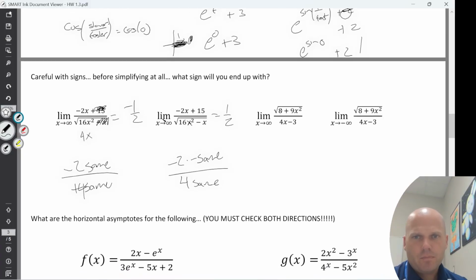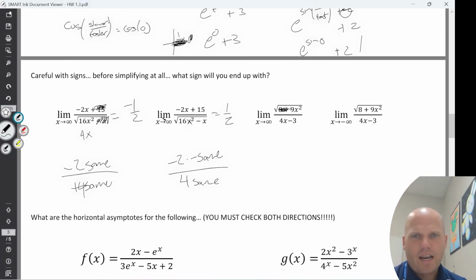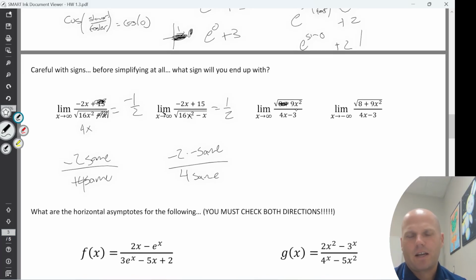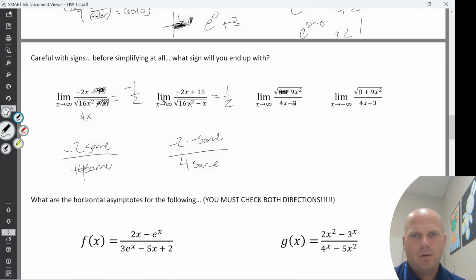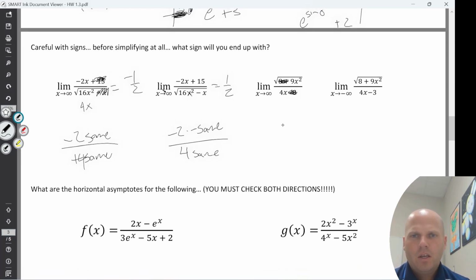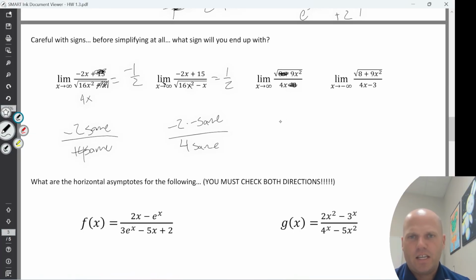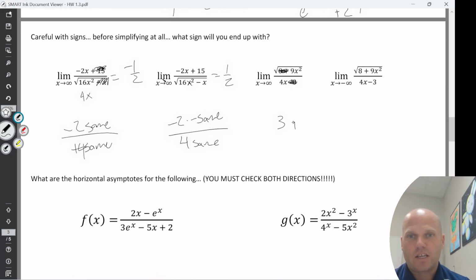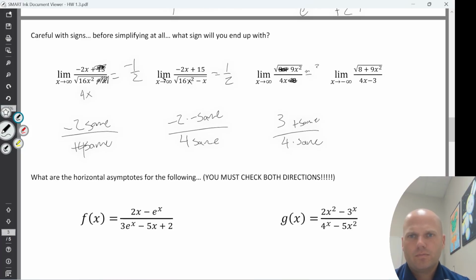Here it's the same deal. The 8 doesn't matter. We have 3x squared, but I'm not going to worry about it right now because people get screwed up when they simplify. If you plug in a positive infinity, I'd have a 3 times a positive same over a 4 times a positive same, and I get 3/4.